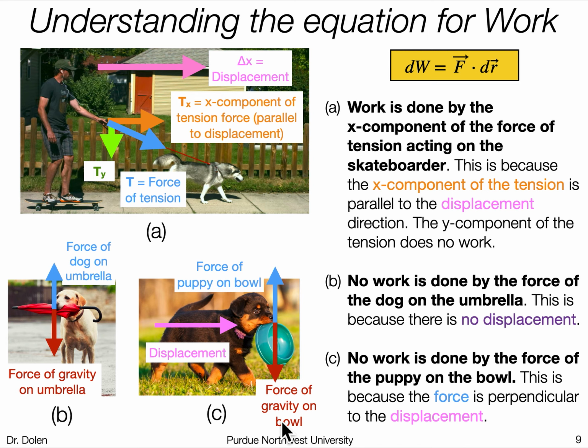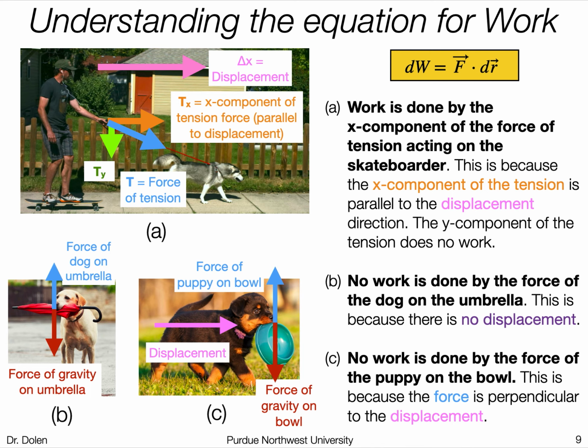The only forces on the bowl are in the y direction. And so in this case, even though there is displacement and the puppy is applying a force to the bowl, the puppy is still doing no work by our physics definition, because the force of the puppy on the bowl is perpendicular to the displacement. That force that the puppy is applying to the bowl is not helping to, for example, speed up the bowl. So that puppy is doing no work. Okay, that was a silly example, but I hope it helps.